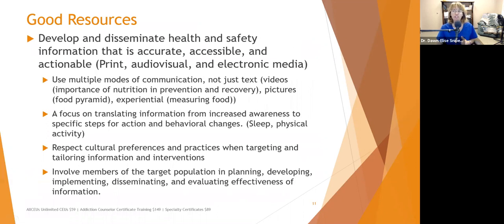Use multiple modes of communication, not just text documents, because not everybody learns by reading. Use videos, use pictures, or experiential learning. So, for example, in videos, you could do a video about the importance of nutrition in prevention and recovery from a particular disease, or just maximizing health.